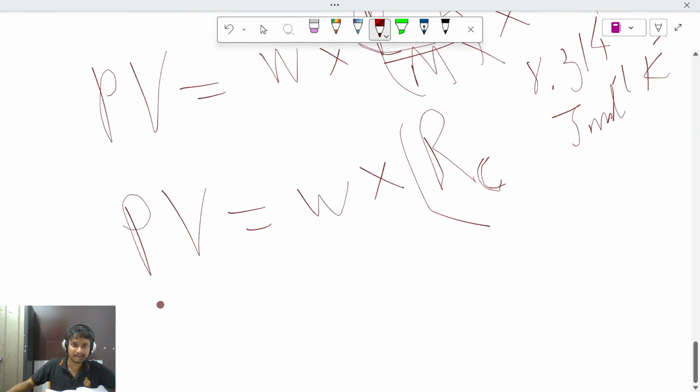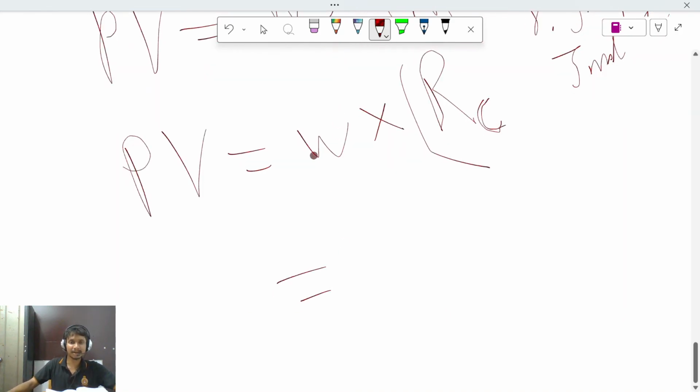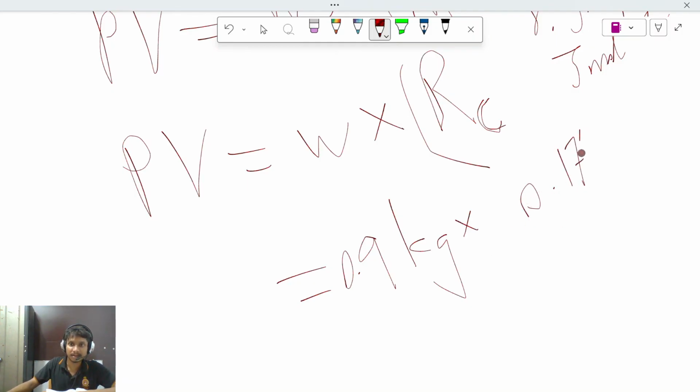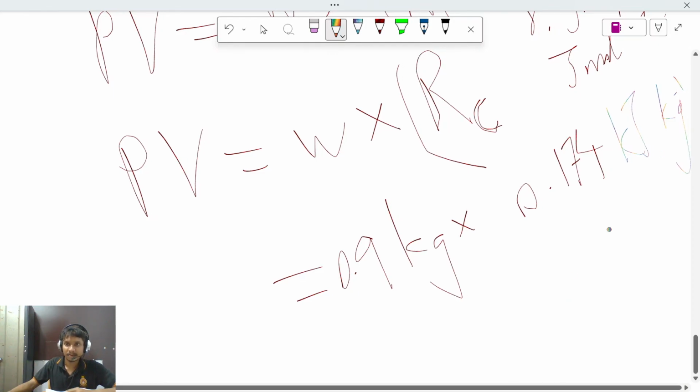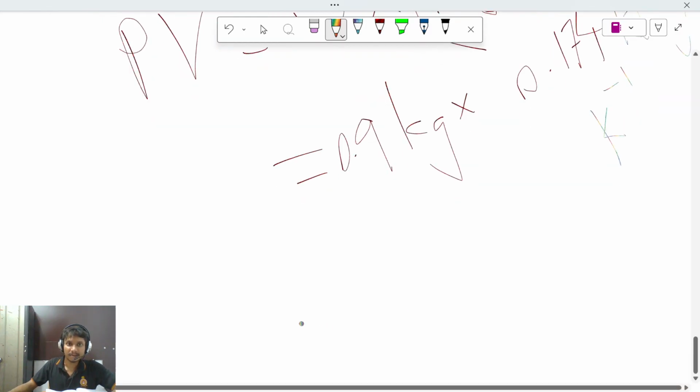We found that RC is equal to 0.174 kilojoule kilogram minus 1 Kelvin minus 1, with mass equal to 0.9 kilogram.